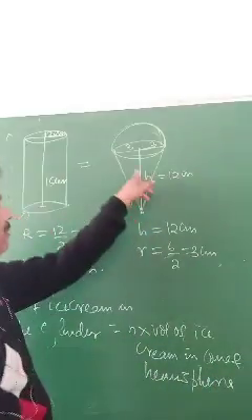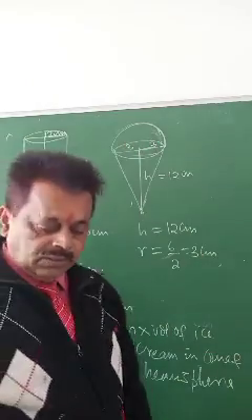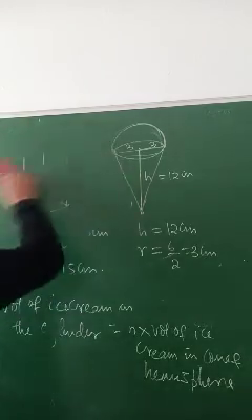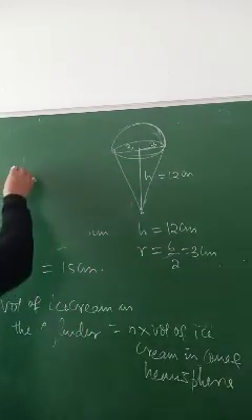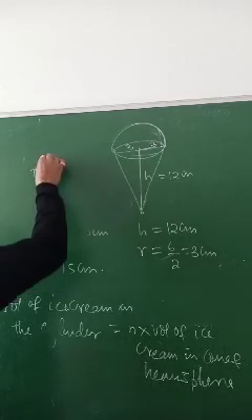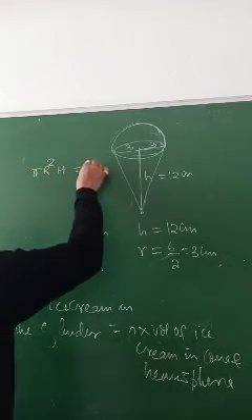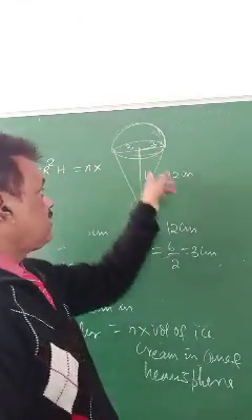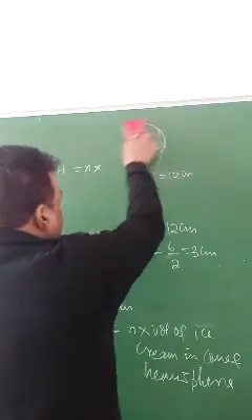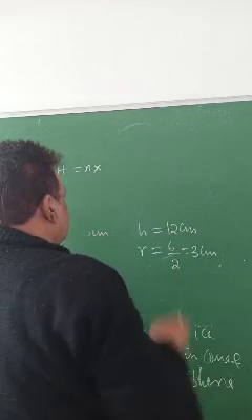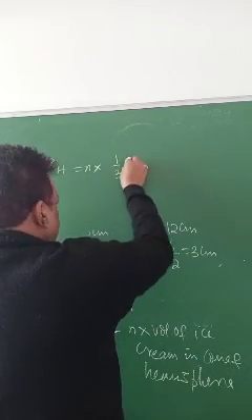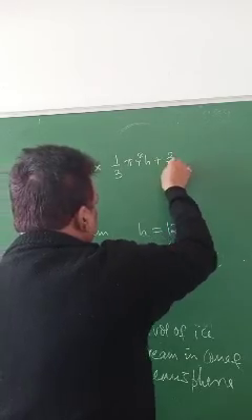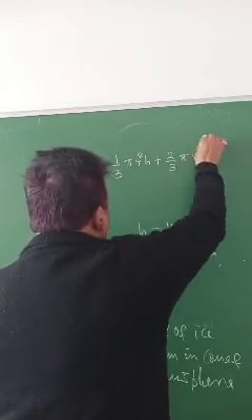Because this is cone plus hemisphere, so this is pi R square H equals n into, n means how many like this you can make, 1 by 3 pi r square h plus 2 by 3 pi r cube.